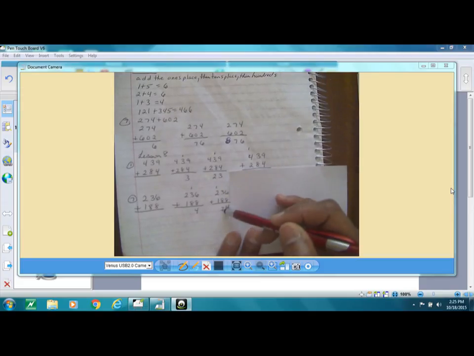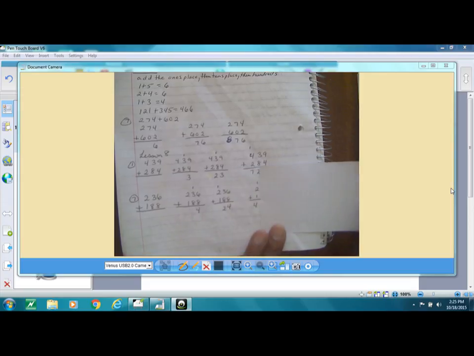So we wrote the 2, we carried the 1. Our new problem in the hundreds place, and when I slide over, will be 1 plus 2 plus 1. 1 plus 2 is 3. 3 plus 1 is 4.